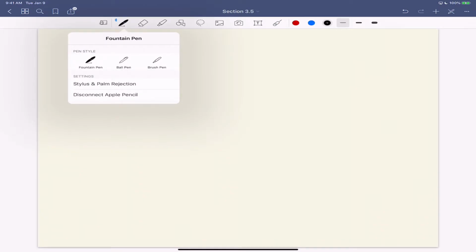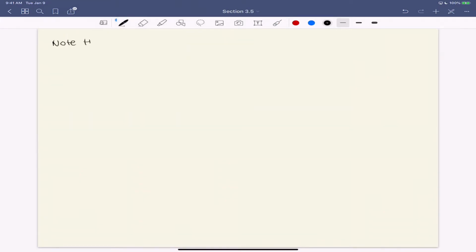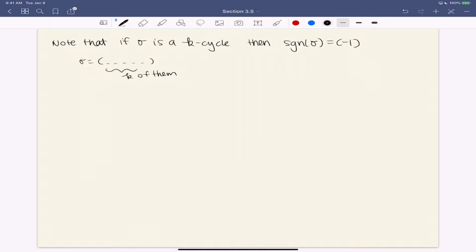Okay. Note in particular that if sigma is a k-cycle, so sigma is just k numbers, and no one else gets touched, so the elements just go around in a circle going to the next one, then the sign of sigma is (-1)^(k-1).